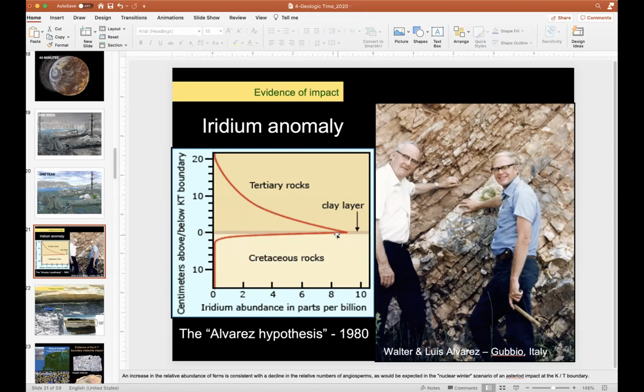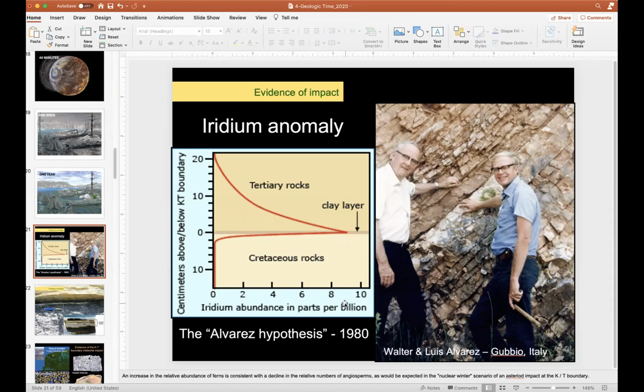So the iridium anomaly said, aha, that has to be extraterrestrial, there must have been an impact. And this is showing parts per billion, but the usual amount of iridium on Earth looks next to zero. But there are these huge spikes in iridium at this layer.